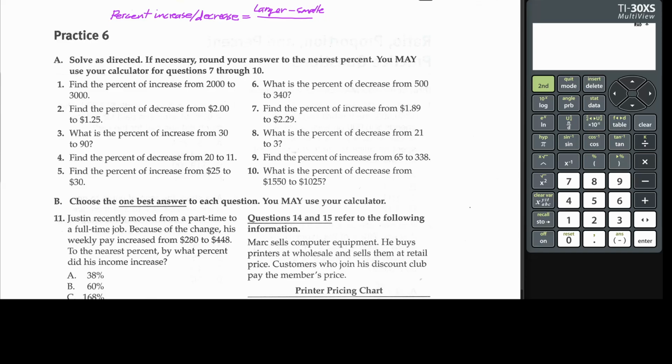The larger subtract the smaller. And divide by the number before the change.